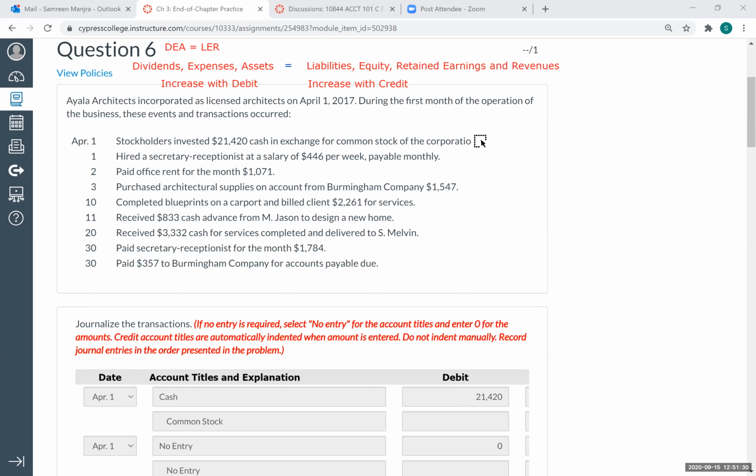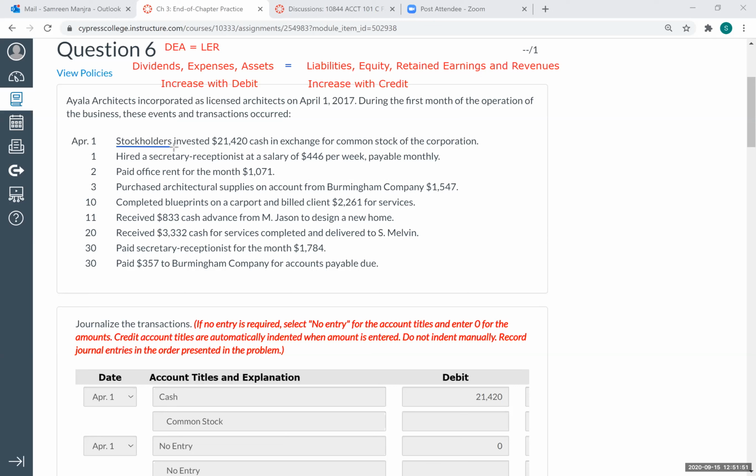So in our first transaction, we want to note the key accounts that are being impacted. On April 1st, stockholders. When I see the word stockholders, I know that my equity section will be impacted on the balance sheet. What did the stockholders do?